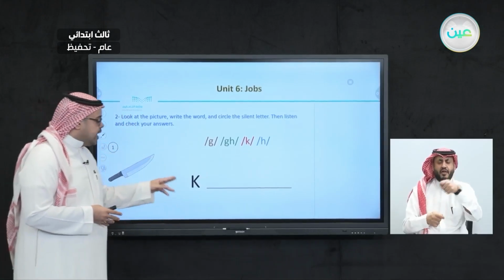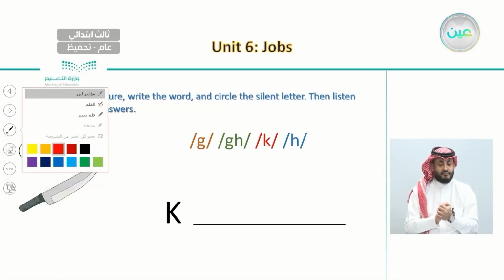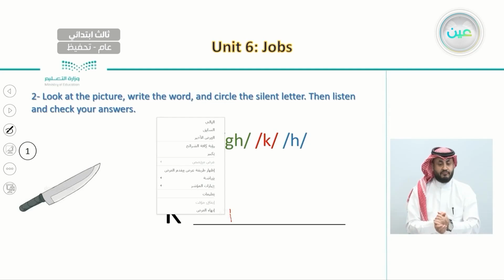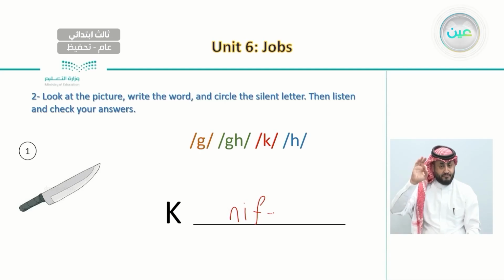So here we have a word that starts with K, and from looking at this picture, I think the word we need here, as we learned before, is knife. So this is the word. Say it after me.